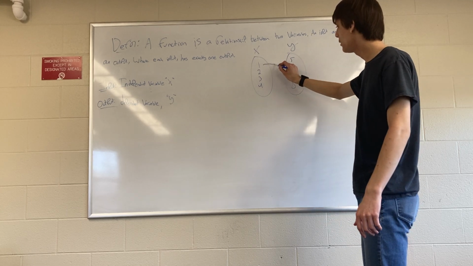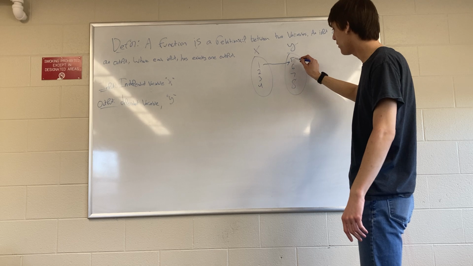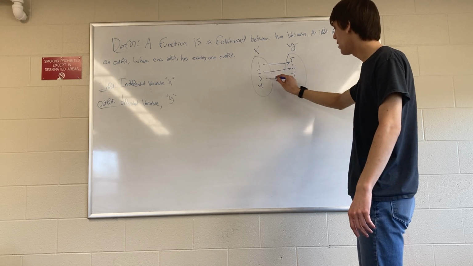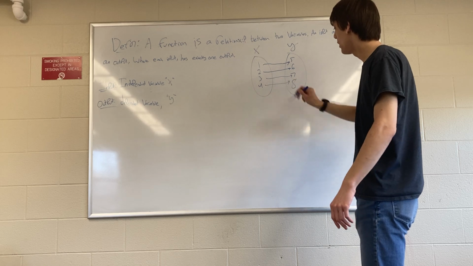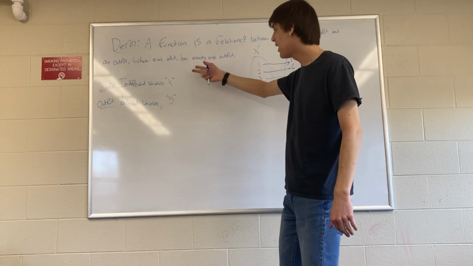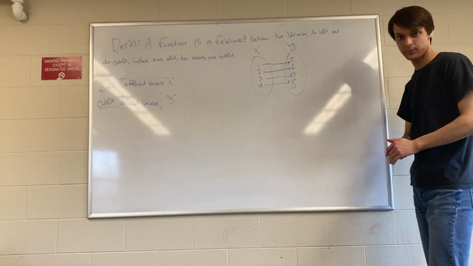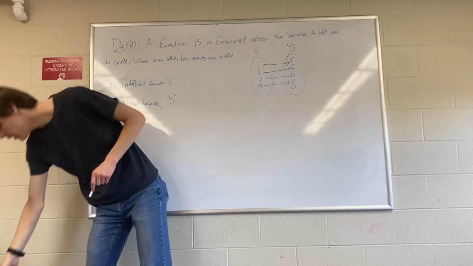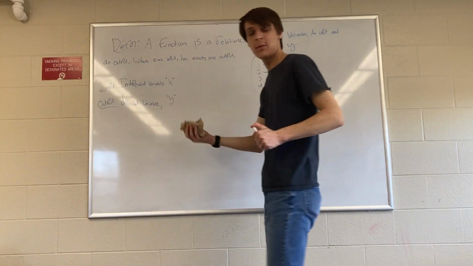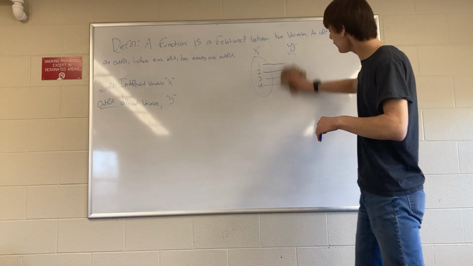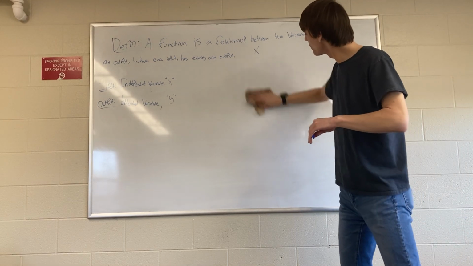So an input of 1 maps to an output of 5, an input of 2 goes to 6, 3 to 7, and 4 to 8, and so on. That would be a function, since each input has exactly one output. But that's not really the main way we like to represent functions. It's a useful tool to keep in mind, but it won't be the sole focus of our function unit here. So let's get rid of that.